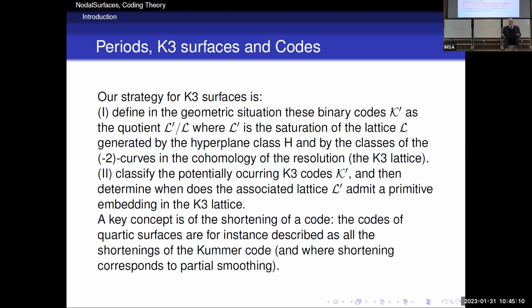Now, you take a function defined on a set, then you take the functions in this vector space with support in a subset. That's a shortening. So somehow the lucky discovery of our findings is that I want to see whether one stratum is in the closure of another. That's equivalent to saying that you get a shortening of the corresponding code.